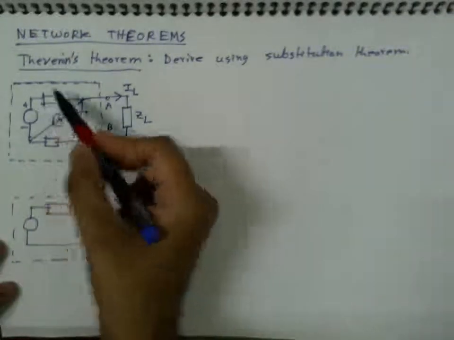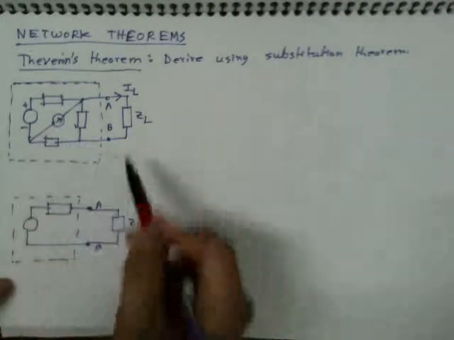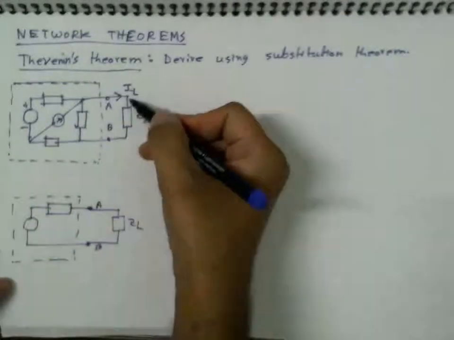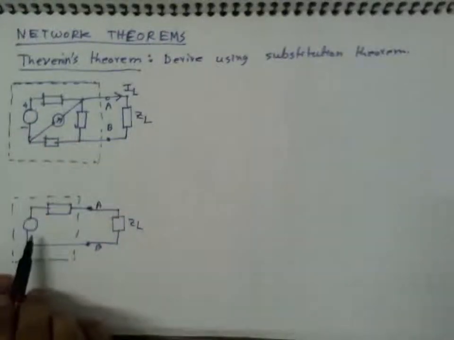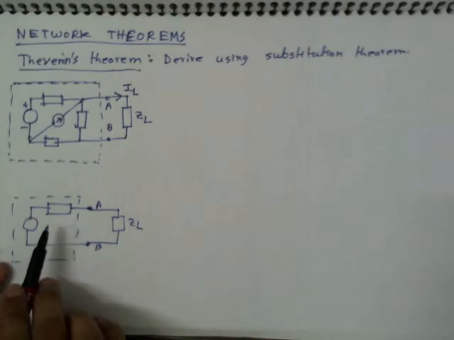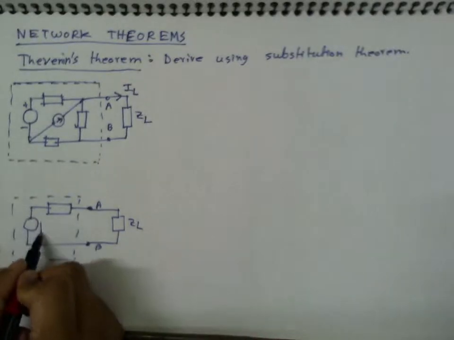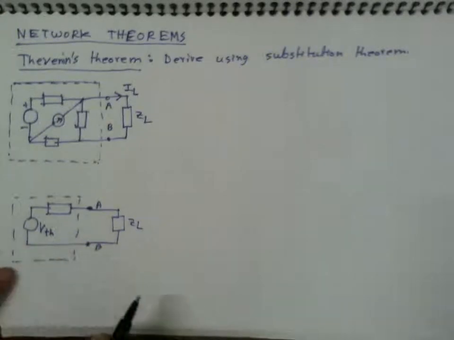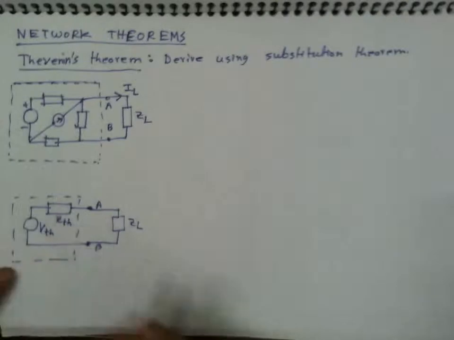Thevenin's theorem says that for any circuit, as complicated as it could be, if I'm only interested to find the current in this branch, I can replace the entire circuit with just a voltage source and an impedance in series with it. This voltage source we call VTH, TH for Thevenin, and this impedance ZTH, the Thevenin impedance.